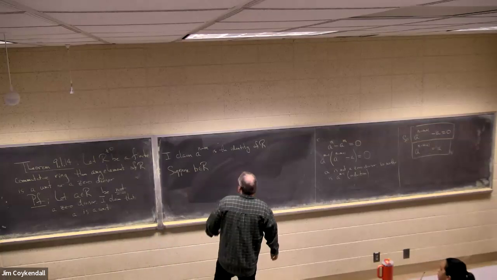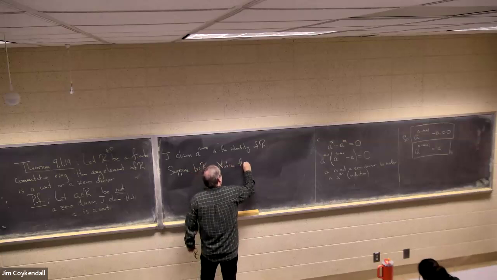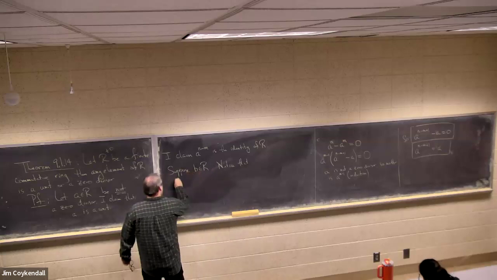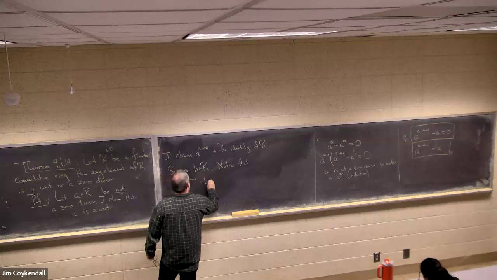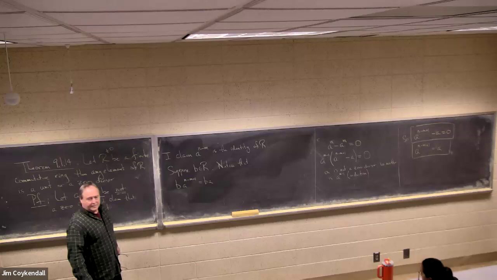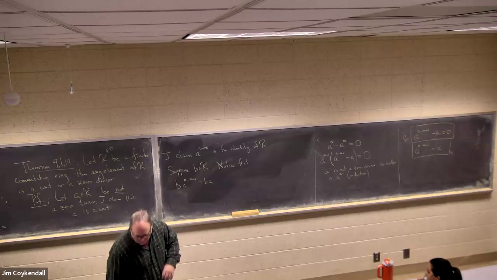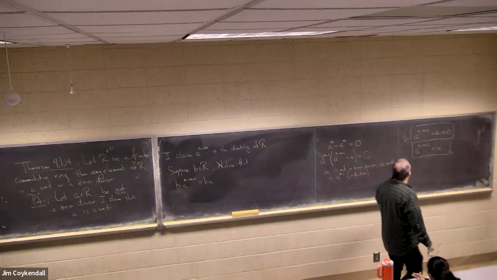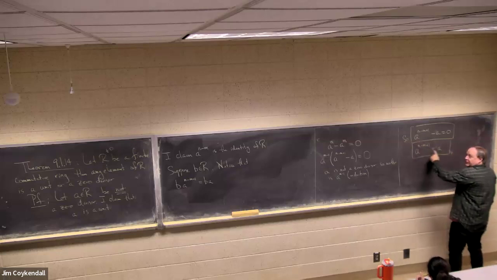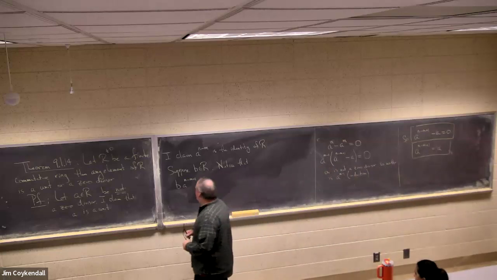Notice that... everybody agree with that? How did I get this? I got this by multiplying both sides of this equation. Everybody agree with that? Now I'm going to do a little bit more doctoring with this.